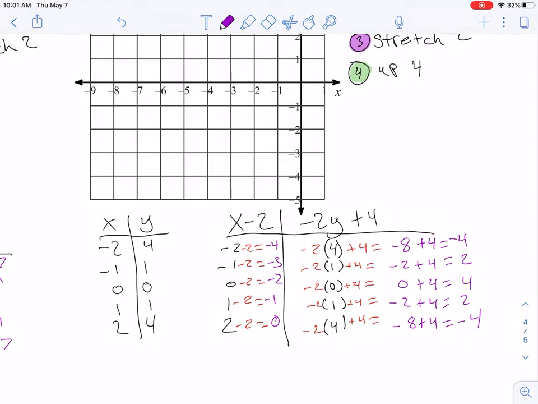So I'm going to write my ordered pairs: negative 4, negative 4. I have negative 3, 2. Negative 2, 4. Negative 1, 2. And 0, negative 4.